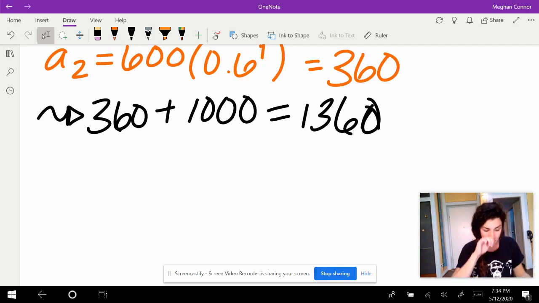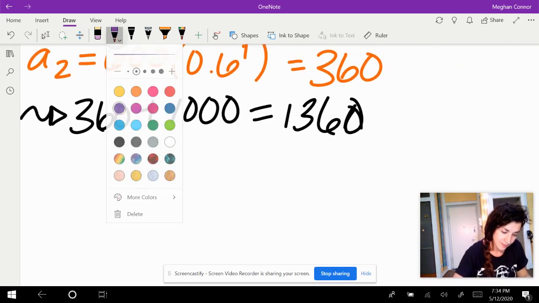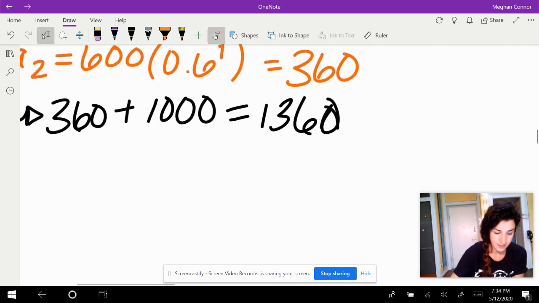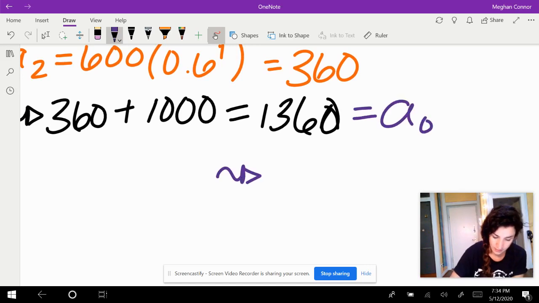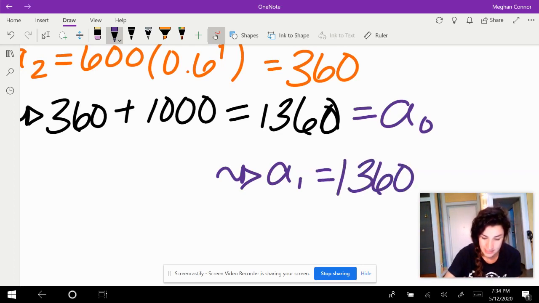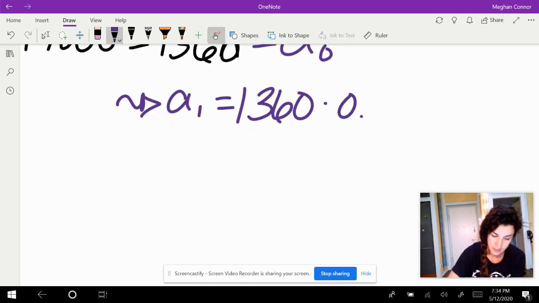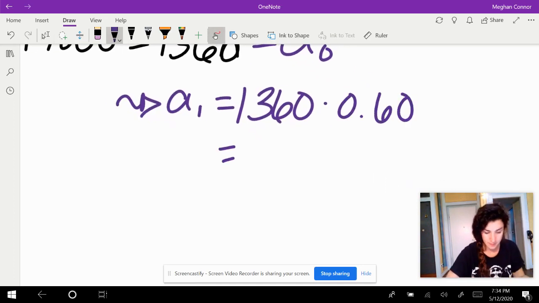So I need to call this A sub 0. So my new A sub 1 is going to be 1,360 times 60%, which is 816.